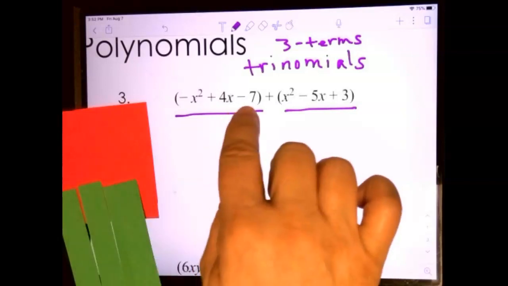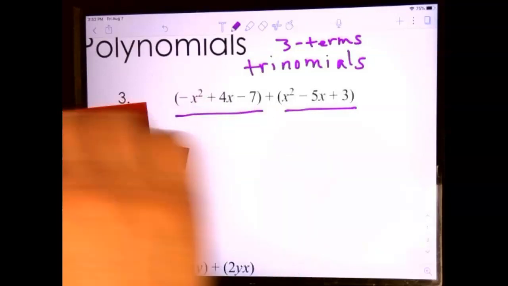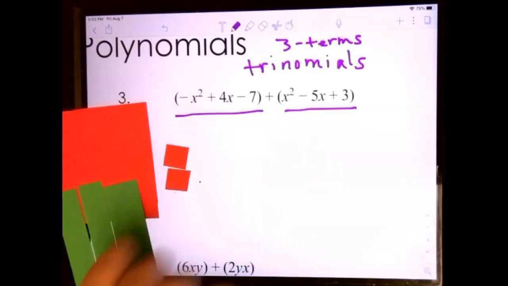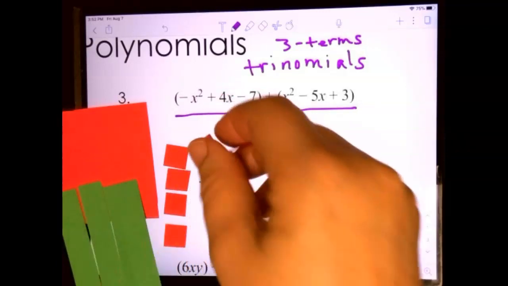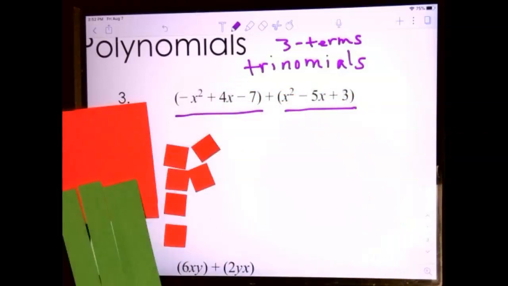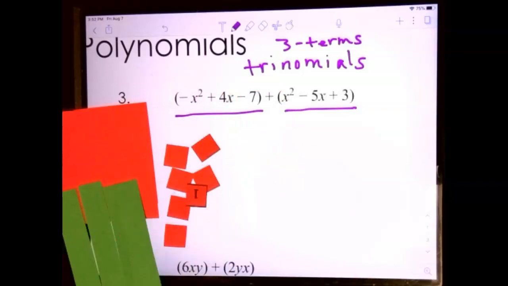And then I need 7 negative 1s. 1, 2, 3, 4, 5, 6. And then get another one out of the bag. 7. Alright, we can just leave it that way.